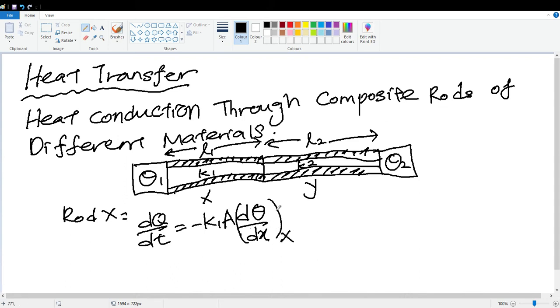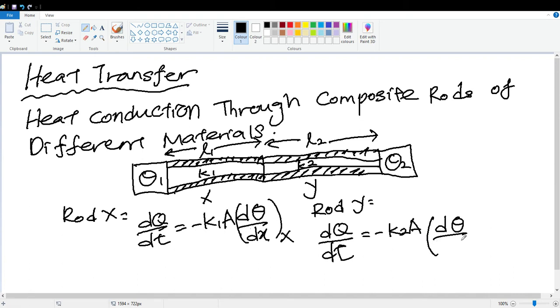And what about rod y? Rod y has a rate of heat flow equal to negative K2 A dθ/dx, which is the temperature gradient for y. Let me erase all of this.